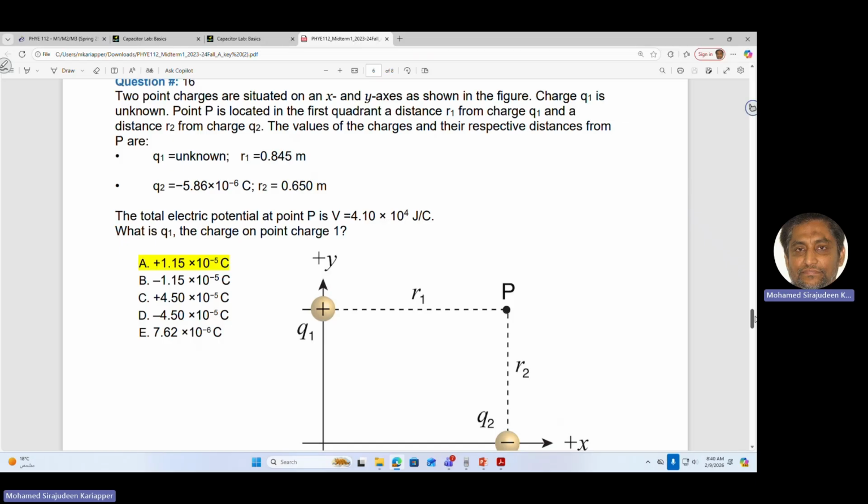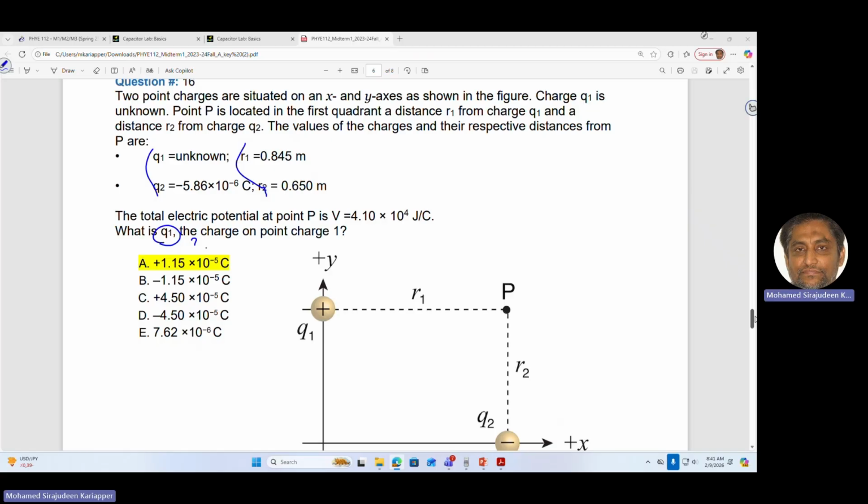The values of the charges and their respective distances from P are given. He is asking what Q1 is equal to. This is the question, the value of Q1.